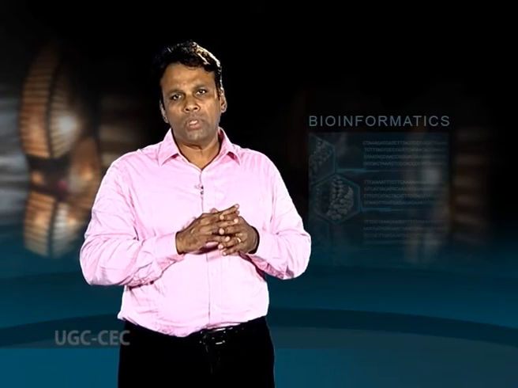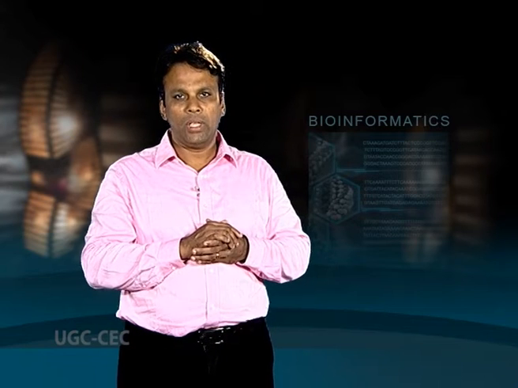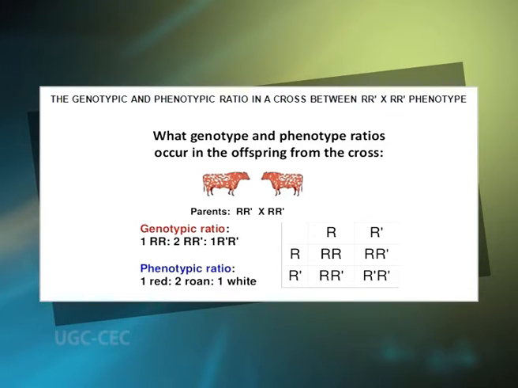These roan cows are different in color from both the parents. A cross between R R prime and R R prime cattle produces offspring in the phenotypic ratio of 1 red, 2 roan and 1 white.